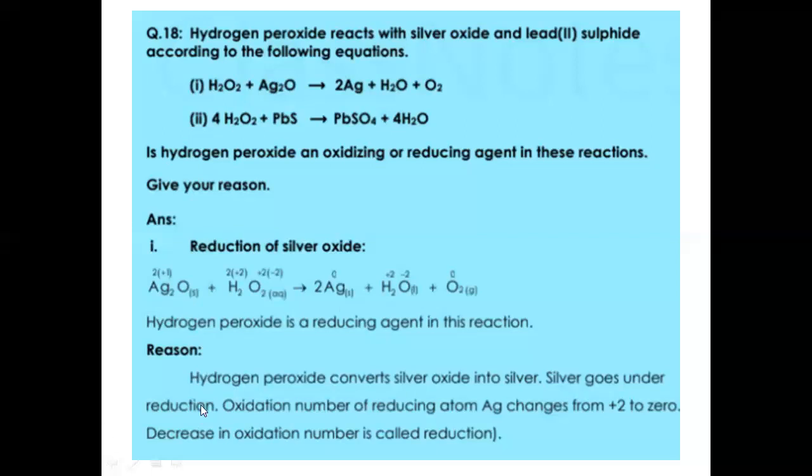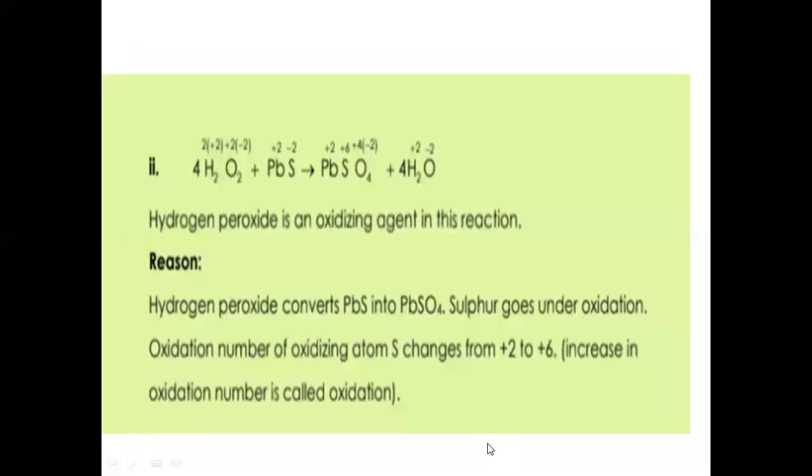So silver undergoes reduction. The oxidation number of the reducing atom, silver, changes from +2 to 0. A decrease in oxidation number is called reduction. As I told you, oxygen from -2 is converted into 0, that is oxygen is oxidized and the whole molecule will act as a reducing agent.